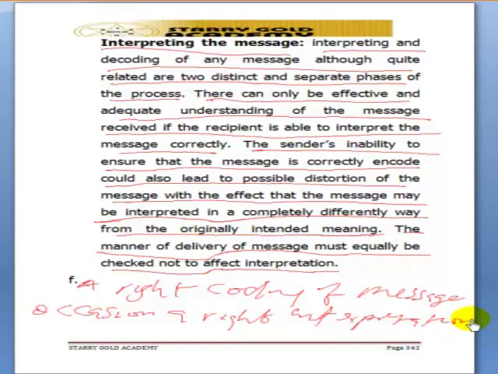It is as simple as that. Right coding ensures a right interpretation.